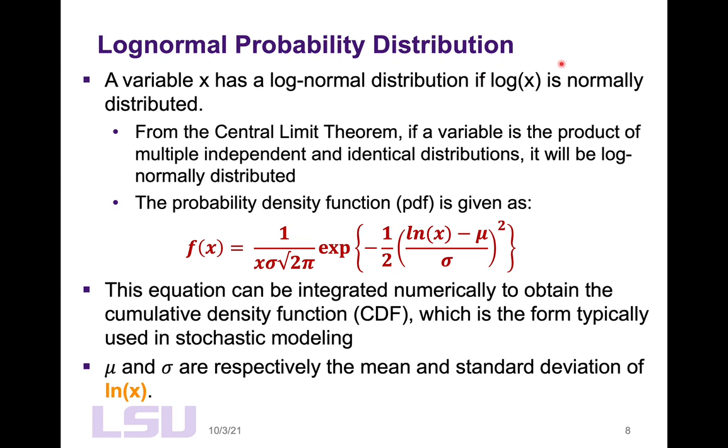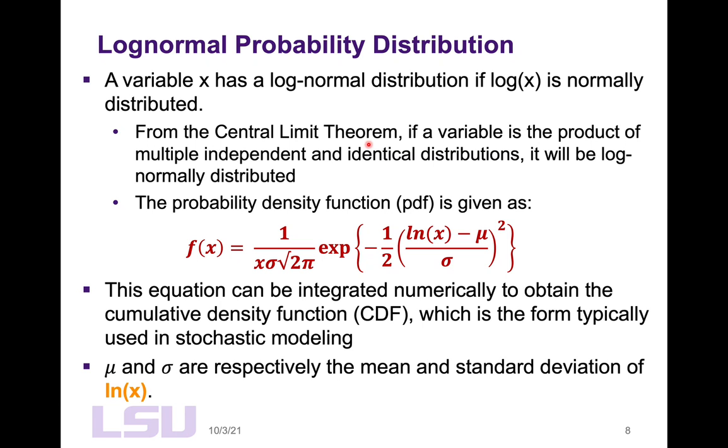Very important to note, in most programming languages, when you use log x, you're actually asking for the natural logarithm. If you want log to base 10, then you have to type log10 of x in most programming languages. So that's the difference. It's the log of x that is normally distributed. But typically we will plot against the x itself, and that's why you'll see the distributions are usually skewed to the left or to the right, which we had talked about previously.